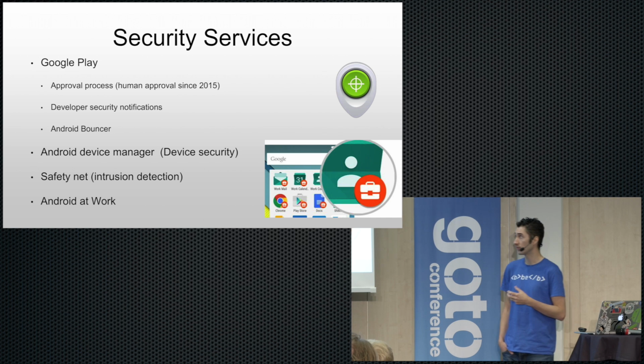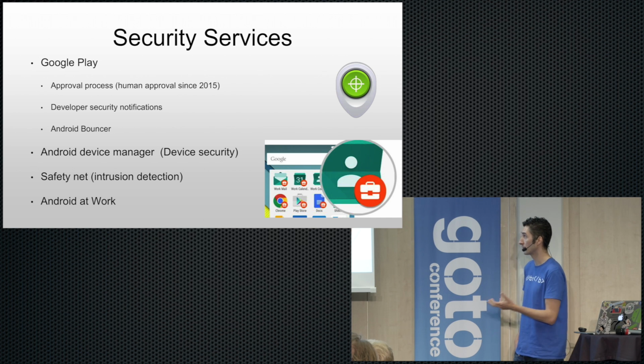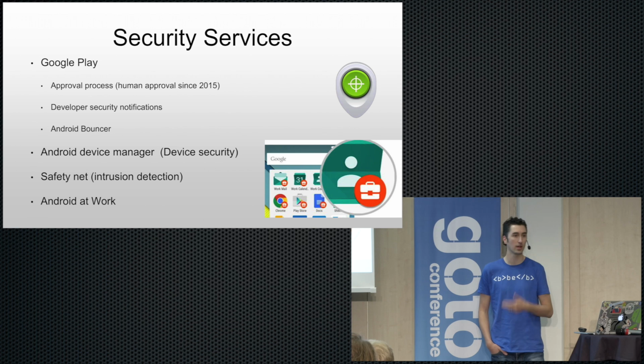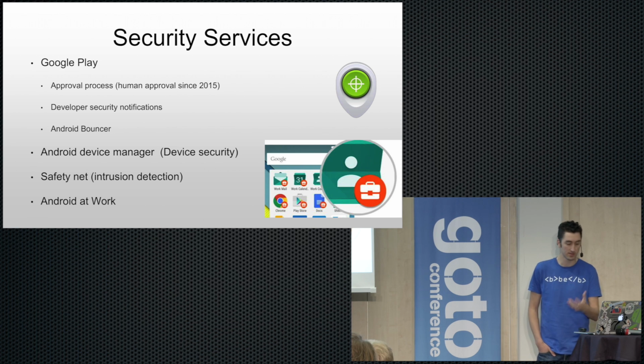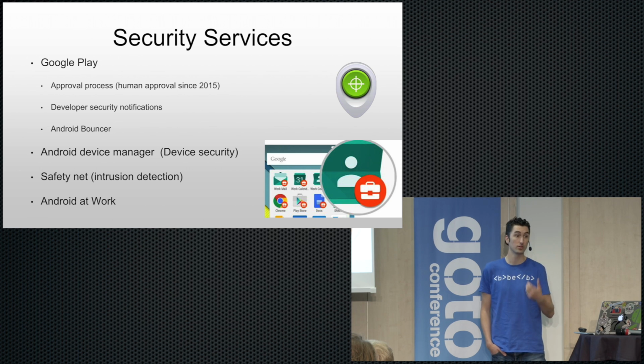They've also started a developer security notification. So when they're scanning the apps and running their tests to see if it's malware, if they detect things like the developers have accidentally included their private keys in the app, or they're using a vulnerable version of OpenSSL, and there are some issues around particular versions of PhoneGap.